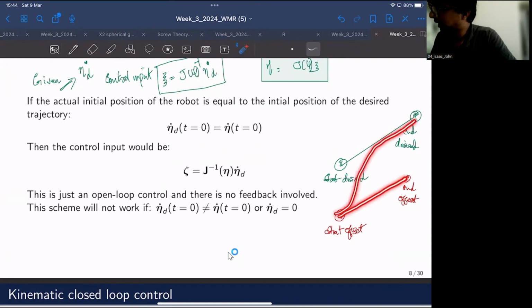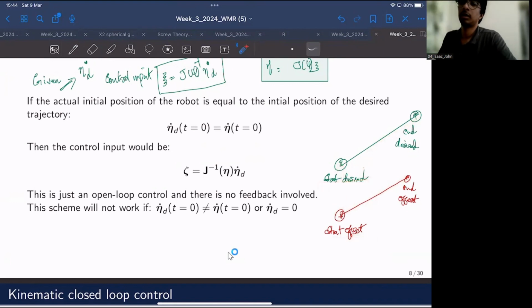It won't converge to the desired trajectory, because there was an initial error between the desired start position and the actual start position. And if you can recall, since there are no feedback terms in the control law, there is no way to compensate for this error. That error will still remain the same. So instead of this robot moving from the start position and eventually converging to the desired trajectory, it will only move like this.